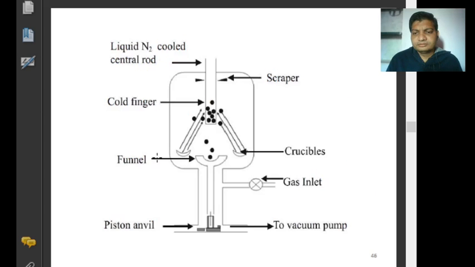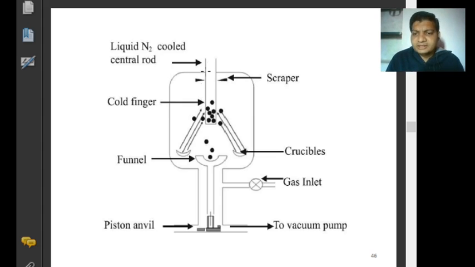As we have seen, the vapors of this material, the gas form of the metal, get condensed on the cold finger because the temperature is less. Similarly, if you boil water on the gas and keep a plate or some cover on it, the vapor gets condensed on the plate.